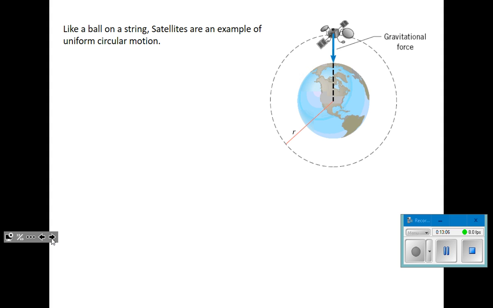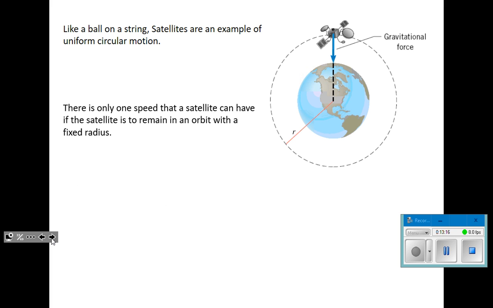All right. If we think about a ball on a string, satellites are an example of uniform circular motion. They're called geosynchronous satellites, and that centripetal force is caused by universal gravitational force. So there is one speed that the satellite can have for it to maintain a fixed orbit.